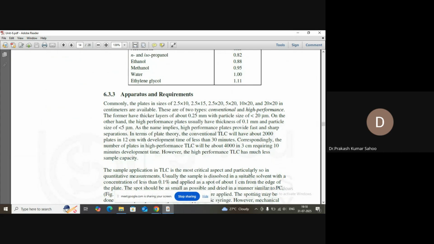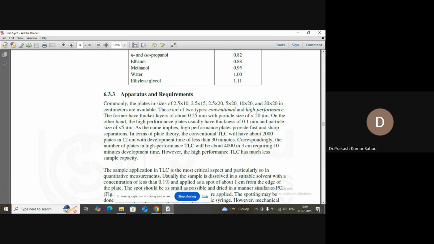For the apparatus, the TLC plates are available in the market in different dimensions, and depending upon the number and type of components you are trying to separate, you choose your plate size.